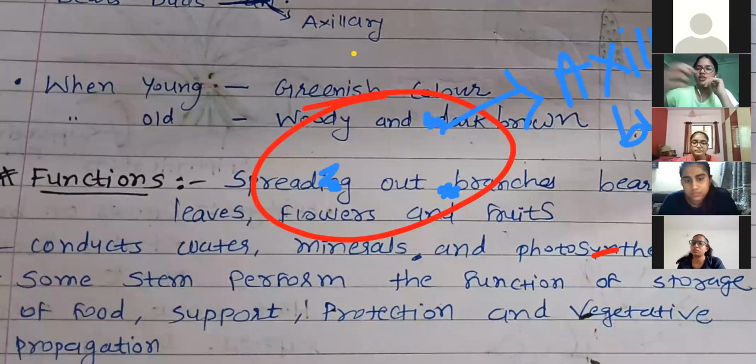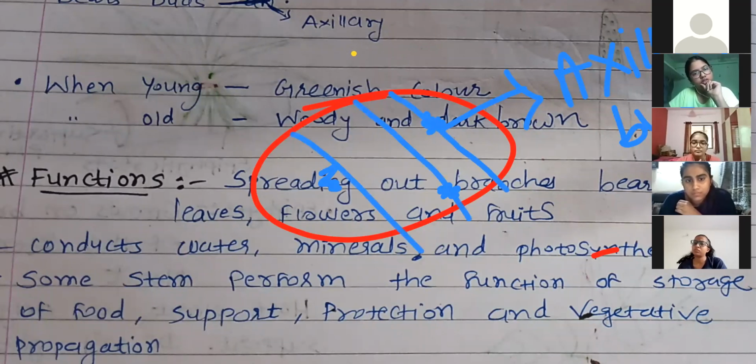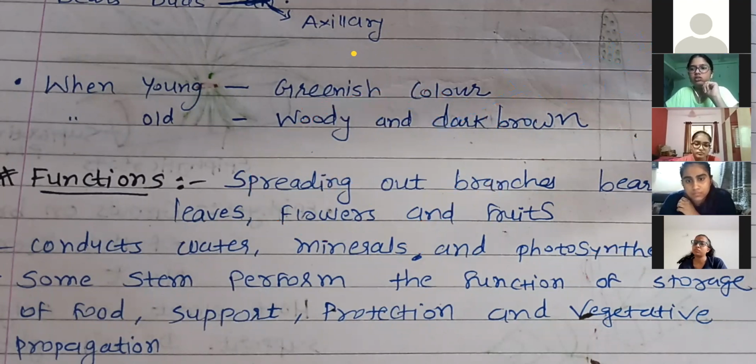Right? So where the axillary bud is present, we can indirectly assume that the nodes are present over here. This is the underground part. So over here leaves are not formed.